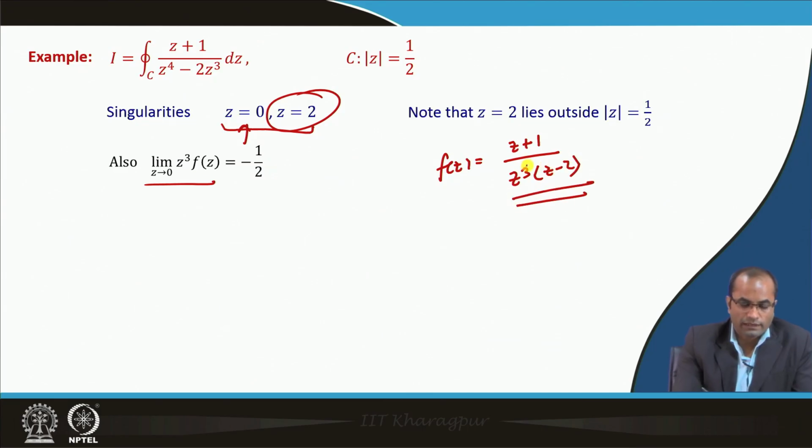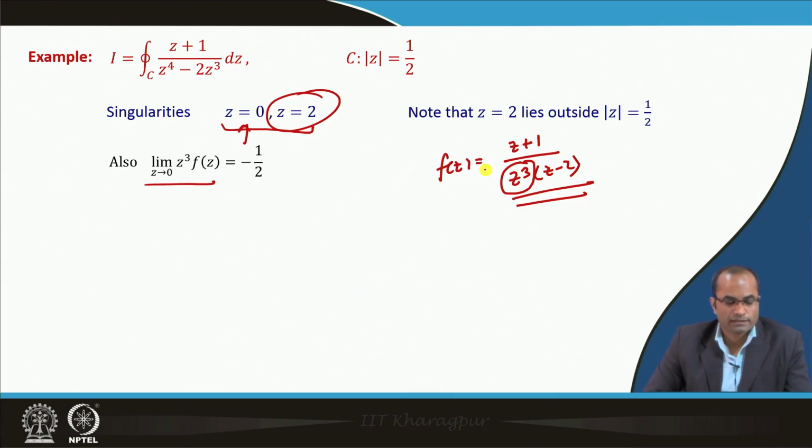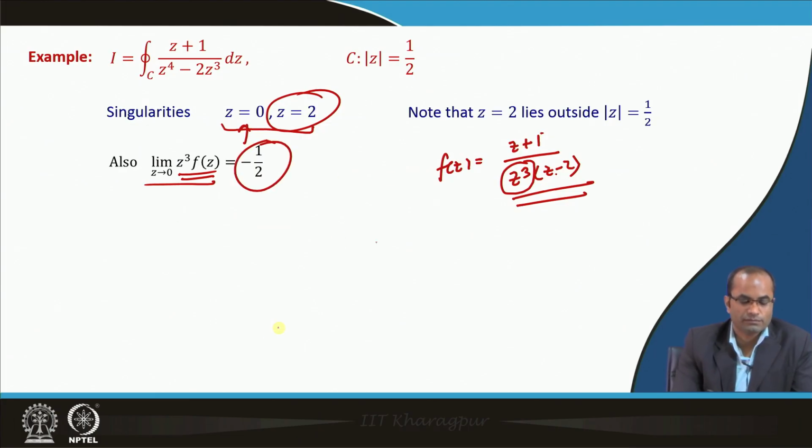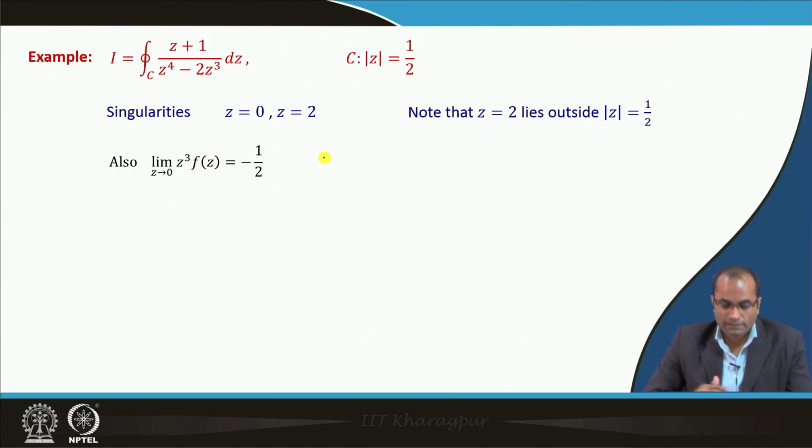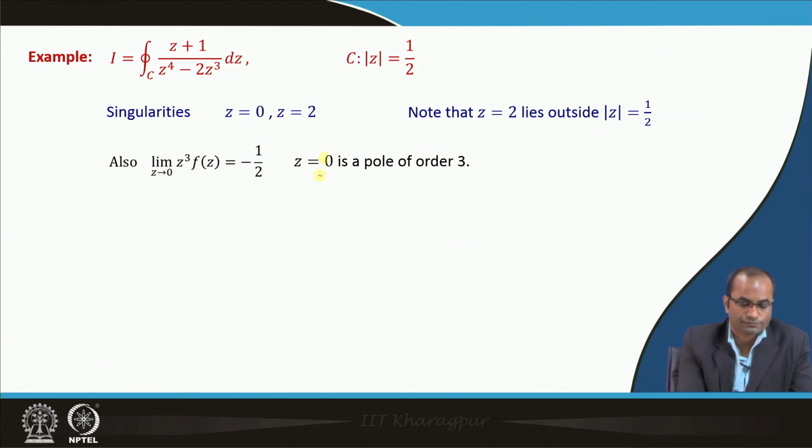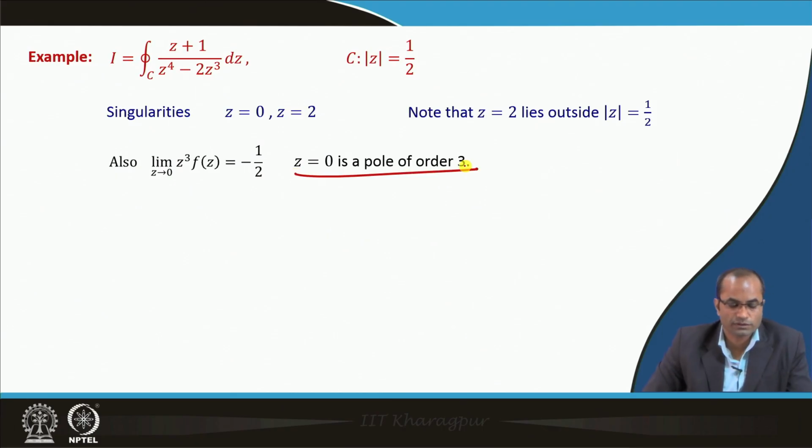Clearly, we have to check with z cubed times f(z). This is going to be a pole of order 3 if this limit exists, and obviously, when z is 0, minus half comes straight away. So, this is a pole of order 3.